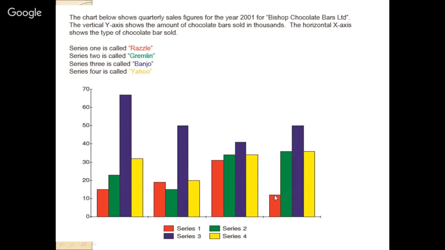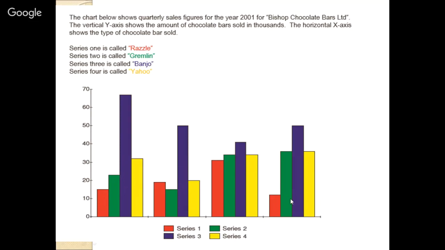And then the fourth quarter for Razzle looks around 11 or 10. All right, so Wolf has used the ruler and is telling us that it is 30.